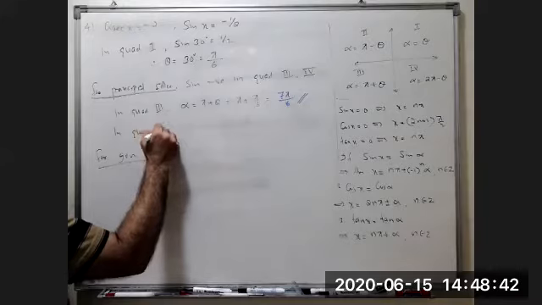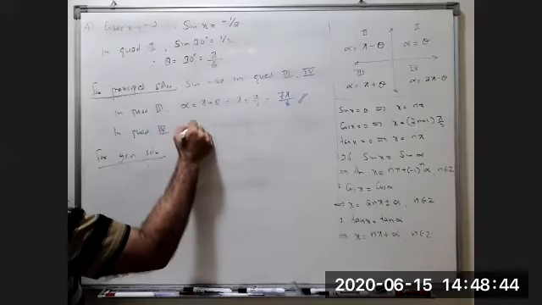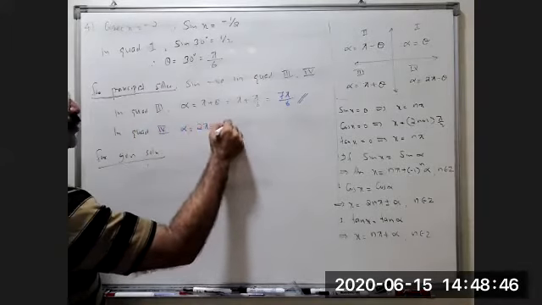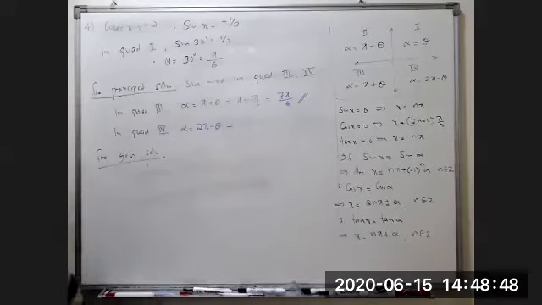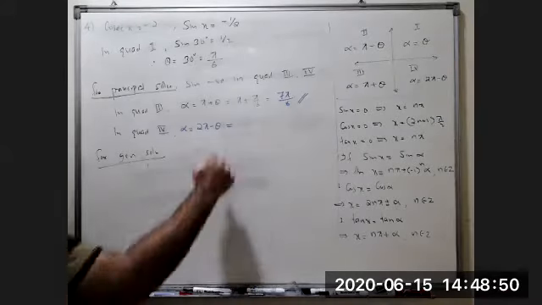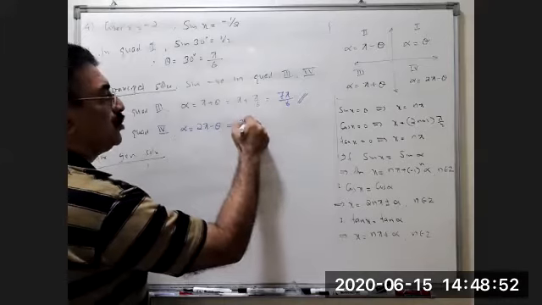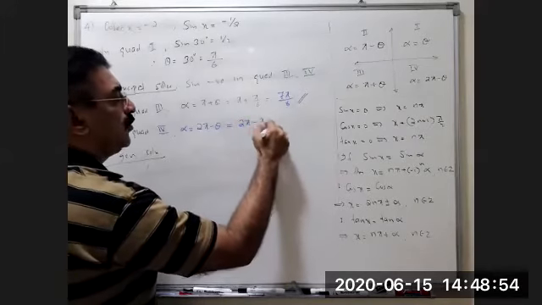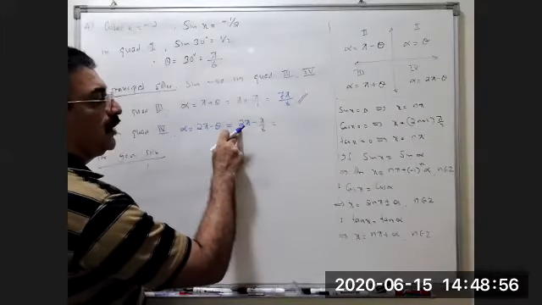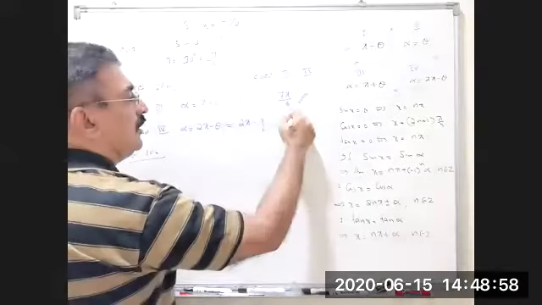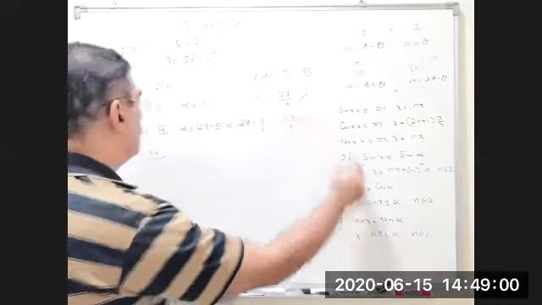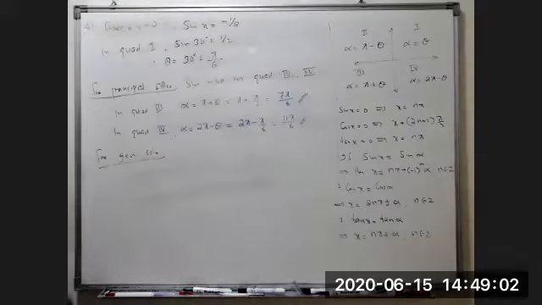Again, in quadrant 4, alpha is 2 pi minus theta, which means 2 pi minus pi by 6, that is 12 minus 1, 11 pi by 6. These are the principal solutions.